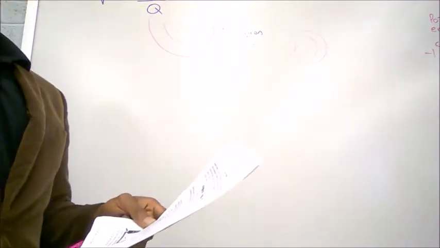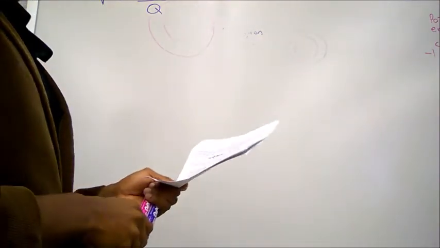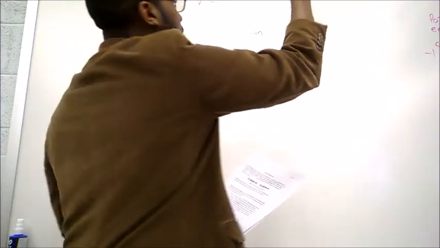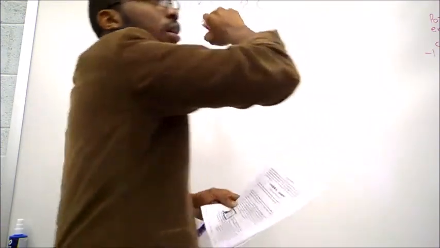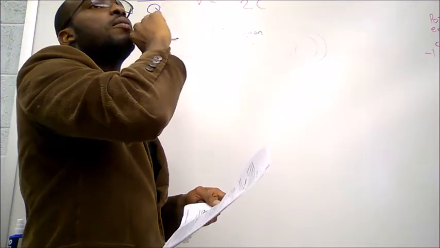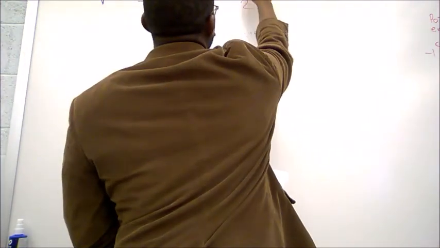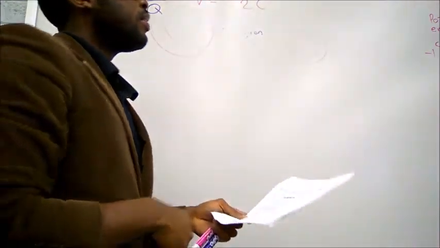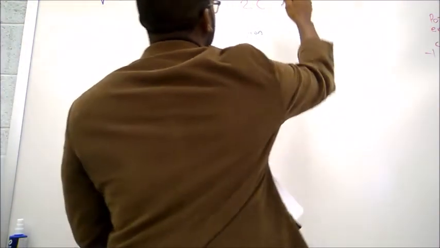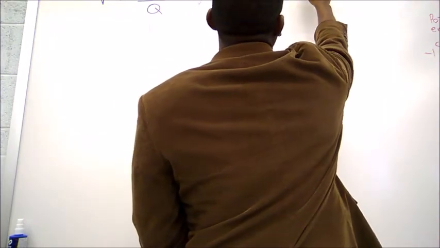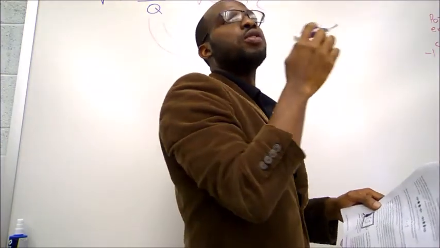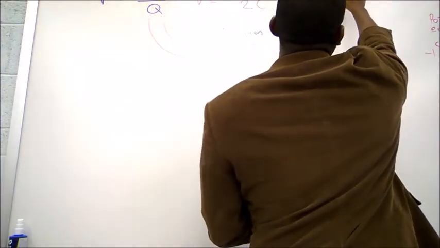So in our circuit, say we had 2 coulombs of charge, 2C, and we produced 10 joules. In other words, 10 joules of energy were produced. Then we can find our voltage. What will our voltage be? 5. And what is the unit for voltage? The unit for voltage is the volt. 5V, or 5 volts.